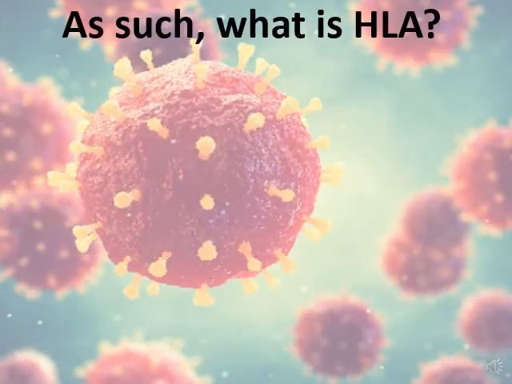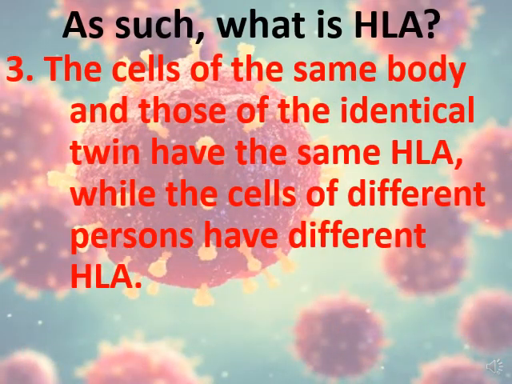Third note: the cells of the same body and those of identical twins have the same HLA. For example, my heart, my kidney, my liver, my stomach, my eyes, my skin, and others belong to my body.